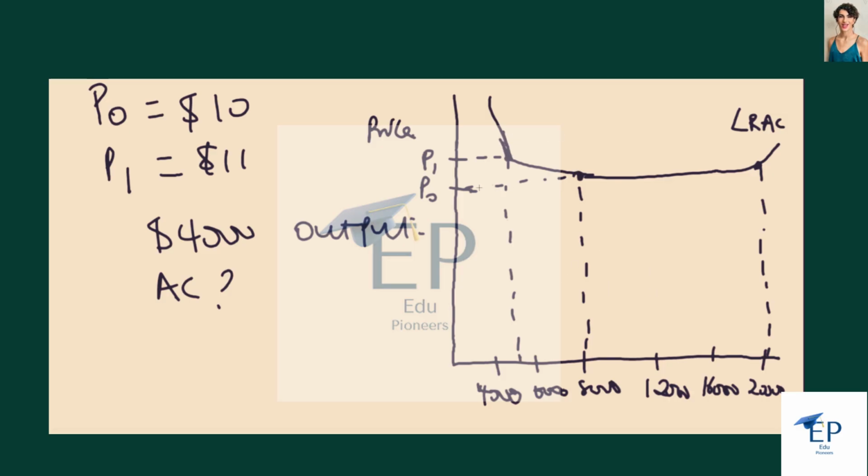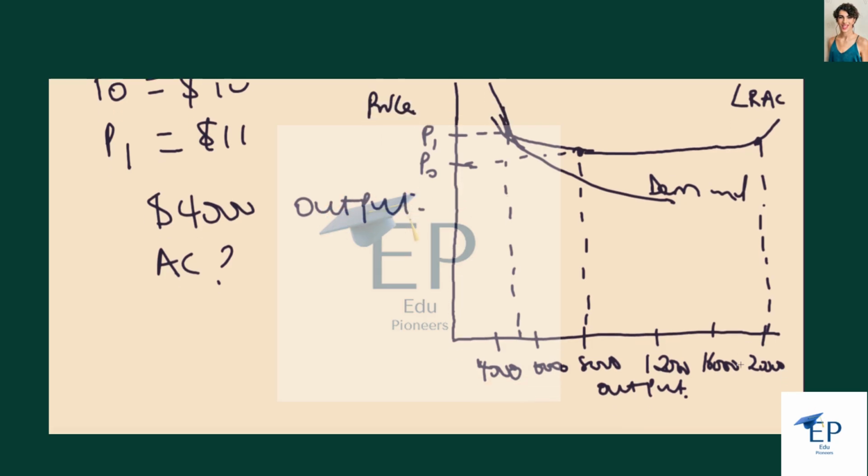And this has a drawing over here that comes all the way here, and this is the demand, and this is the output. So this is what the graph is looking like.